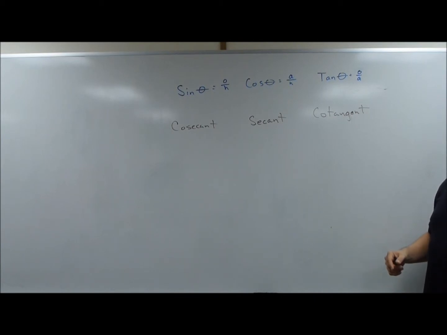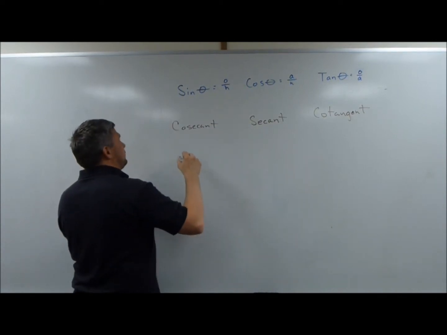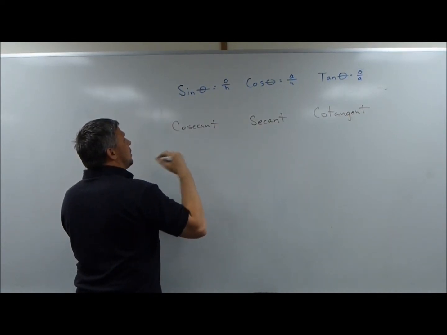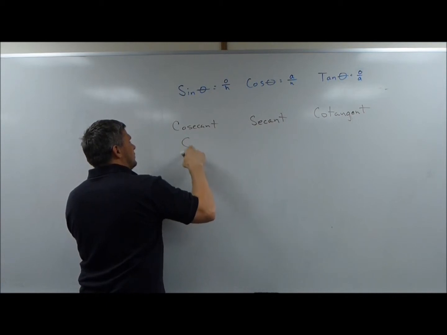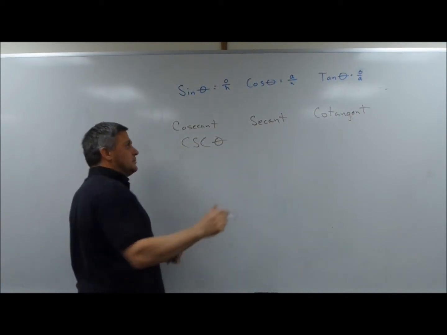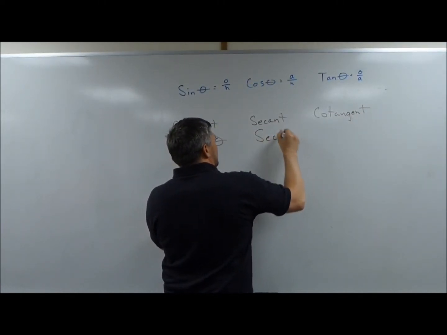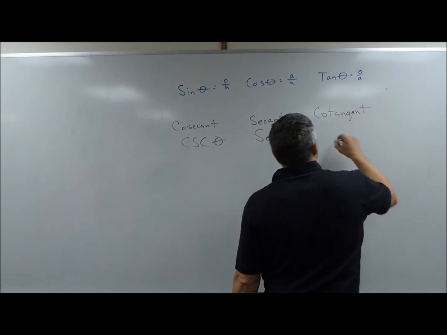What we want to do is look at how they're actually written. So, cosecant theta looks like this. Secant theta is this.